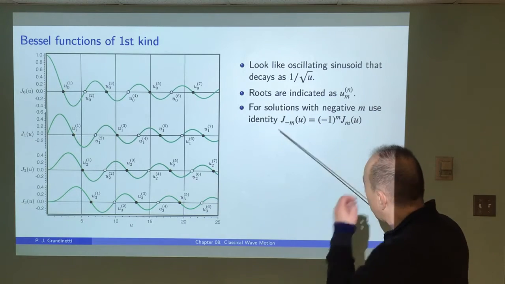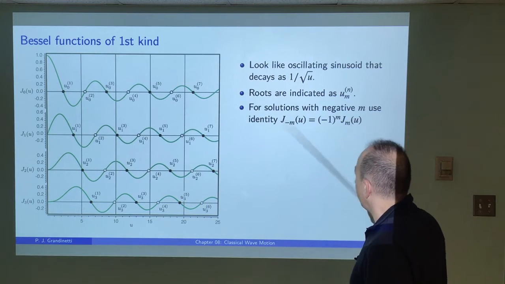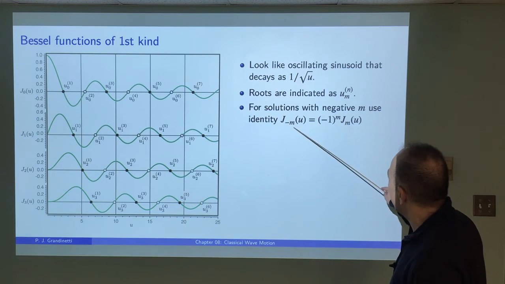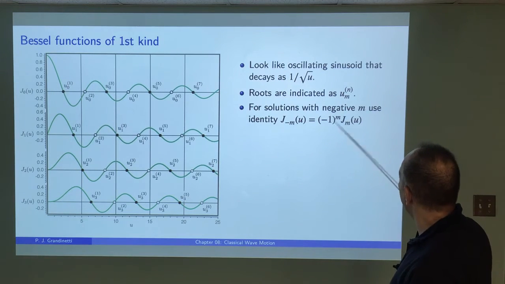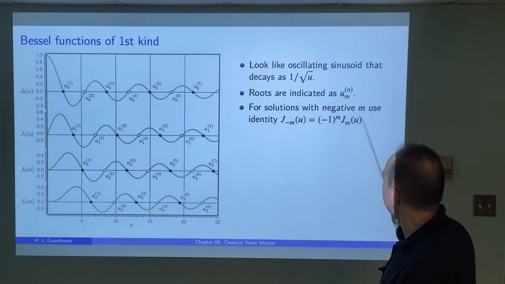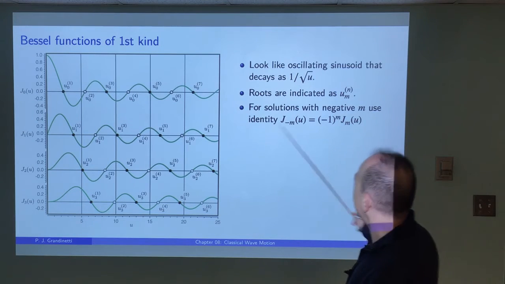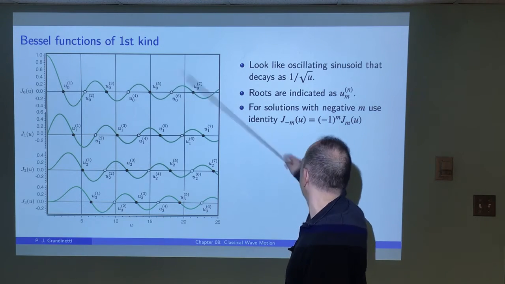The other thing that's important to note is that we're going to need negative values of m in our solutions. There is an identity that says J with negative m is equal to minus 1 to the m power times J with positive m. So if you change the sign of m, you just use this relationship. For m equals 0, it's exactly the same, and there's only one solution.